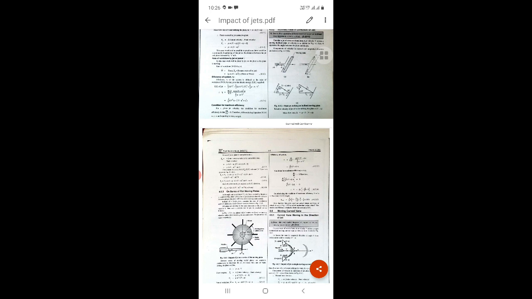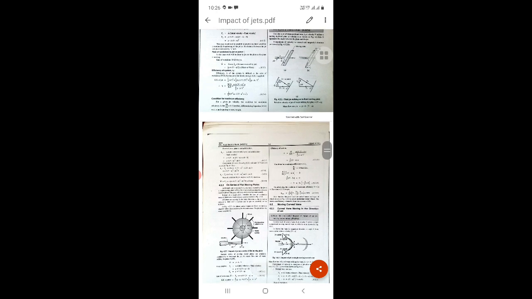So Fx is equal to Fn sin theta. Fn is rho A (V minus U) whole square sin theta. So Fx is equal to rho A (V minus U) whole square sin square theta.